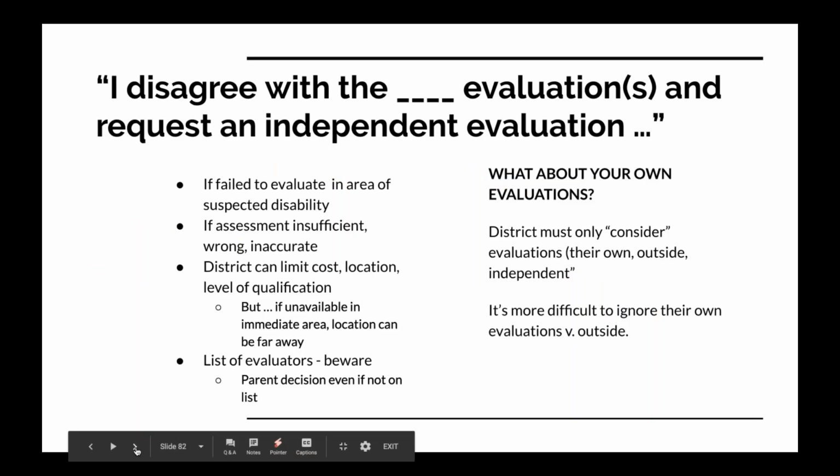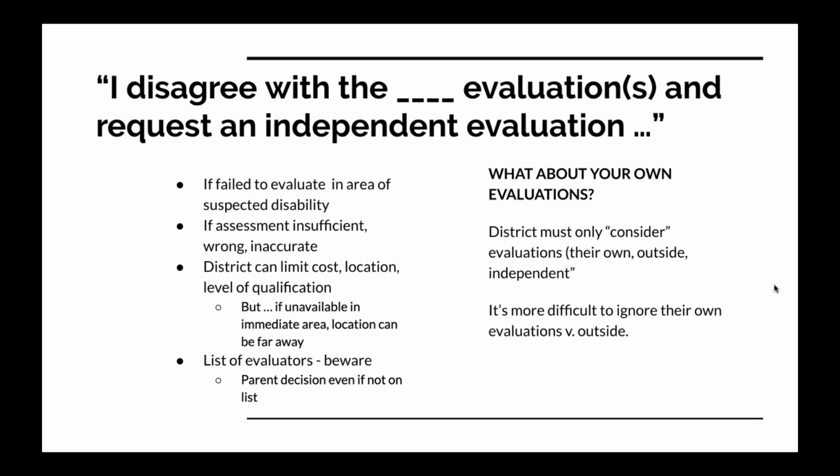Easy. You say you disagree with the evaluation and request an independent evaluation. Don't disagree with every single evaluation that the school has done. Some of them have to be good enough. If the school has done 14 different assessments as part of their comprehensive evaluation and you disagree with all 14, you're going to have an issue, most likely.